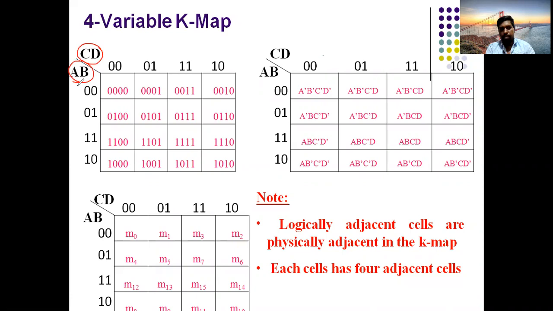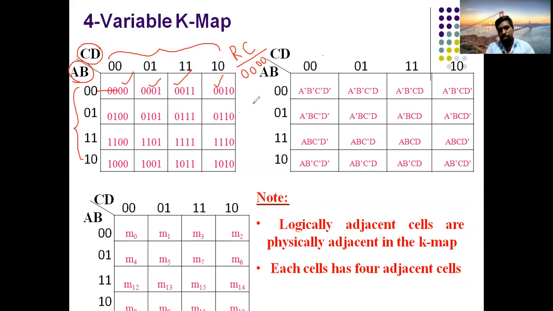As I'm having 2 input variables in the rows, I will follow the gray code mechanism, and the same for columns. Next, combine the row value followed by the column value. What is the row value here? 0, 0. And what is the column value here? 0, 0. So the address of the first cell will be the combination of row and column. If you combine the values of rows with columns, you will get these address values.